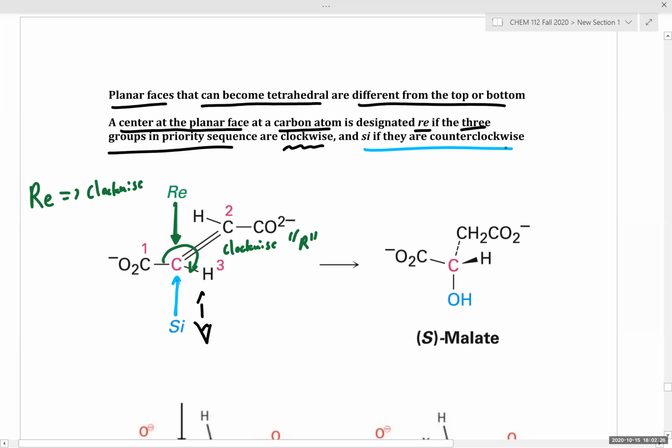So let me put together a model of the following structure. And I would encourage you to make your own model as well as I'm putting together this model kit. Okay, we're almost finished putting together this structure.